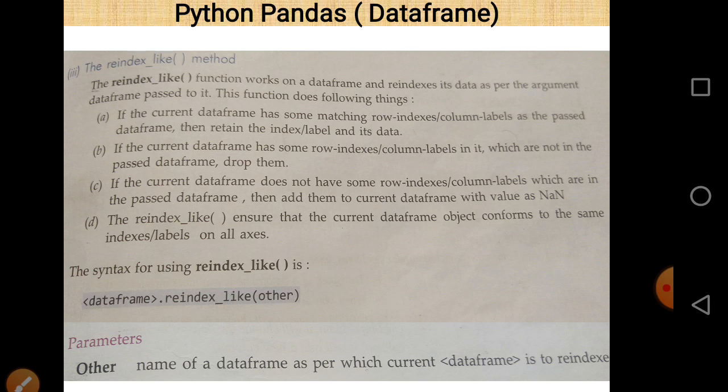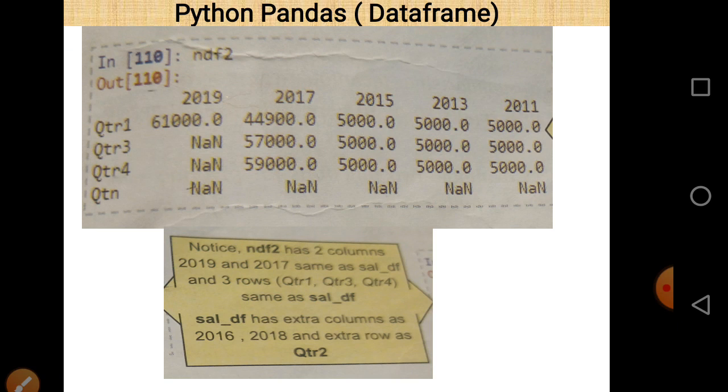So let us take an example. This is the original data frame, example 1, named NDF2, in which we can see that there are 5 columns represented by 2019, 2017, 15, 13 and 11, and there are 4 index values represented by Q2R1, Q2R3, Q2R4 and Q2N.